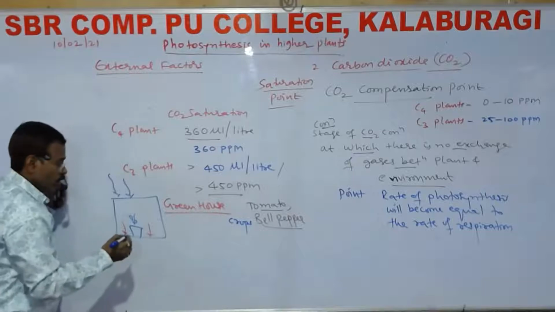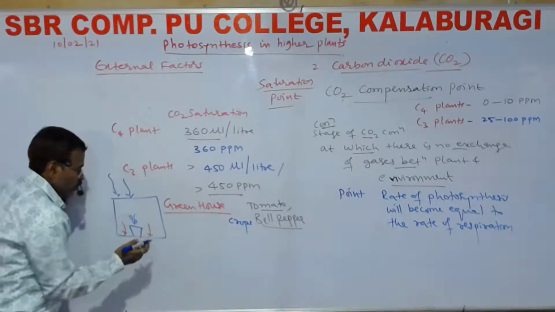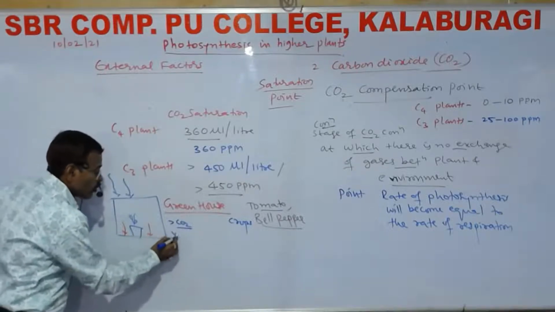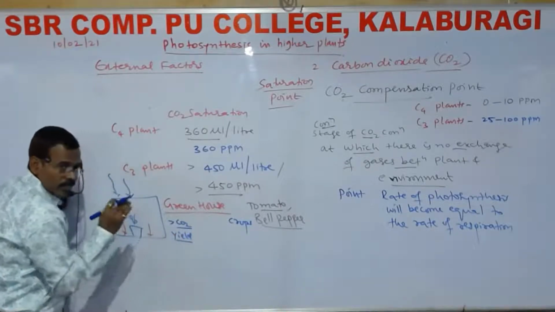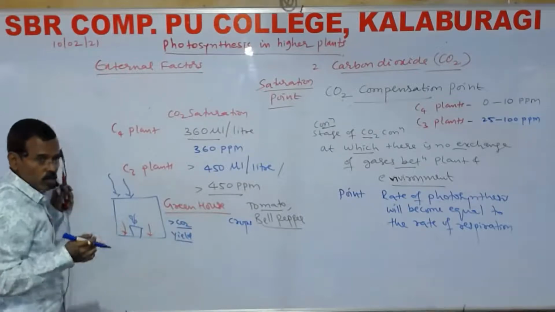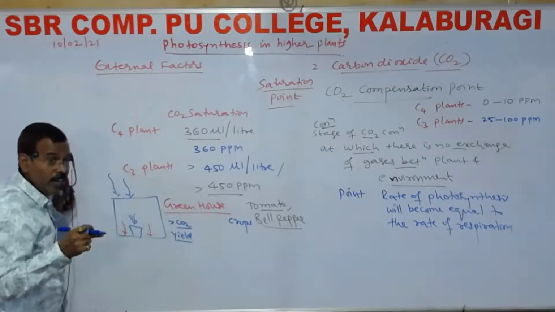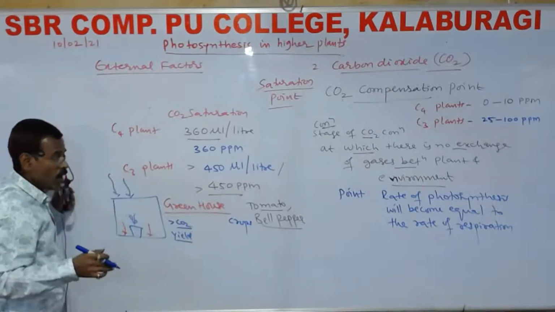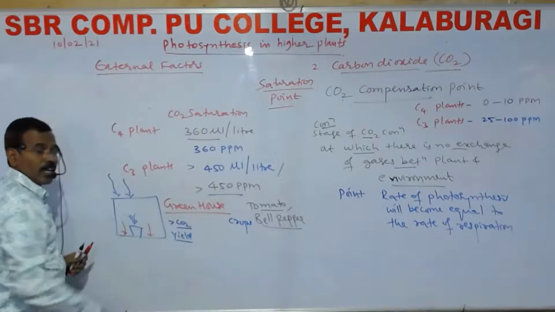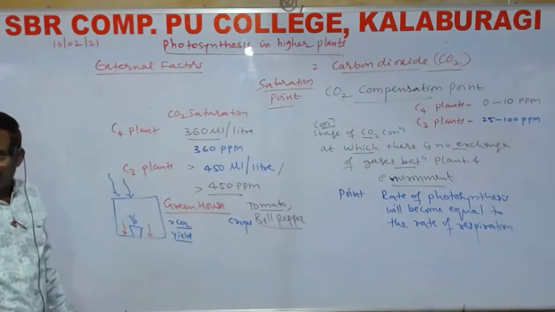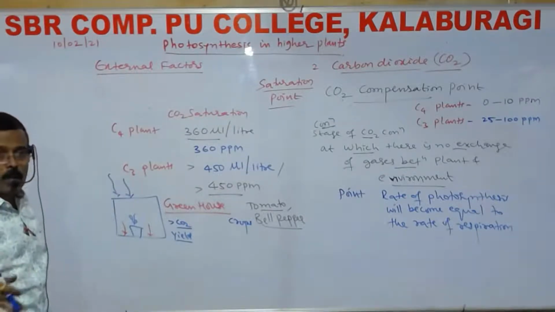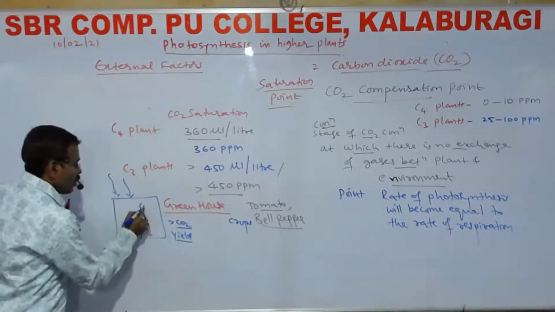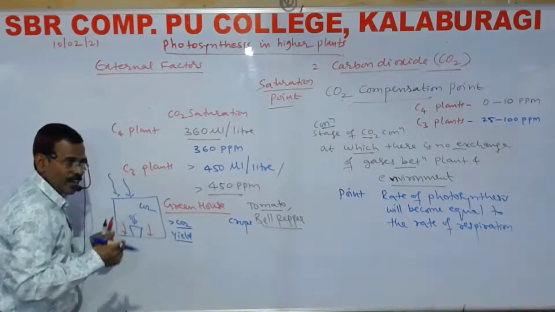So when you cultivate greenhouse crops with an increase in carbon dioxide concentration, photosynthetic yield is improved in the greenhouse crops. That's why some of the crops are grown in greenhouses to enhance agricultural production or productivity. Carbon dioxide is a heat trapping gas.